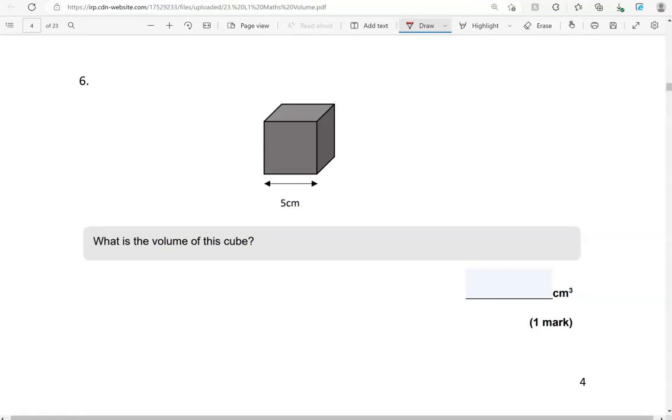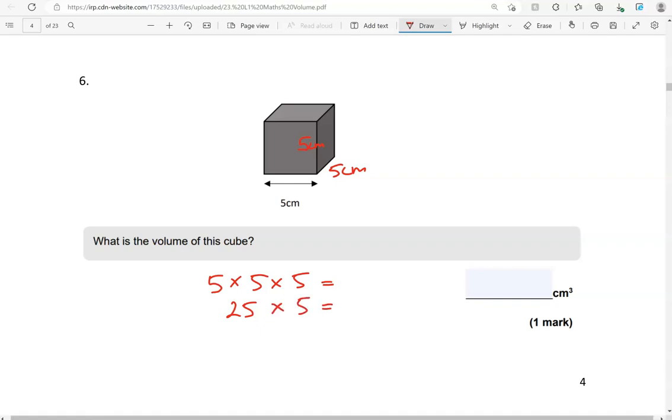What is the volume of this cube? So a cube will have these equal dimensions. So we're doing 5 times 5 times 5. 5 times 5 is 25.